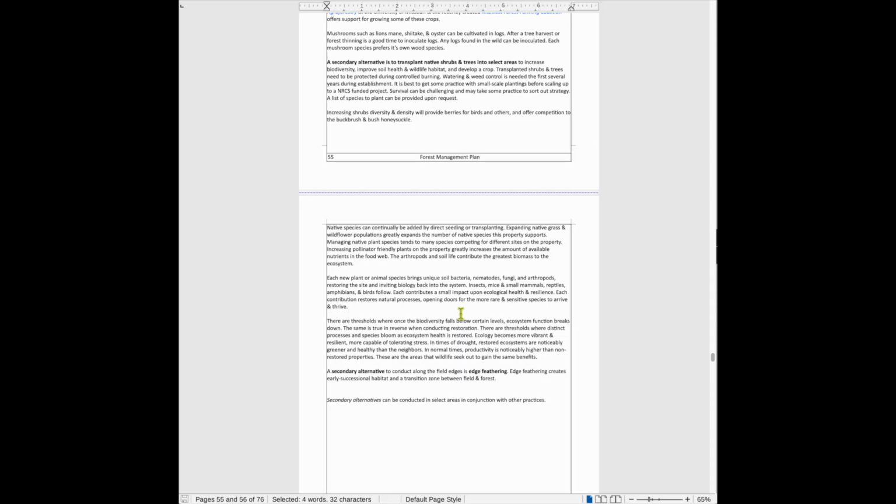There are a few other practices that the NRCS has that folks will get in these plans that are not in this plan. And there's some practices in here that won't be in some other plans. It really depends on the person, the client, and the property, on what's applicable, what's possible, and then what's desirable.